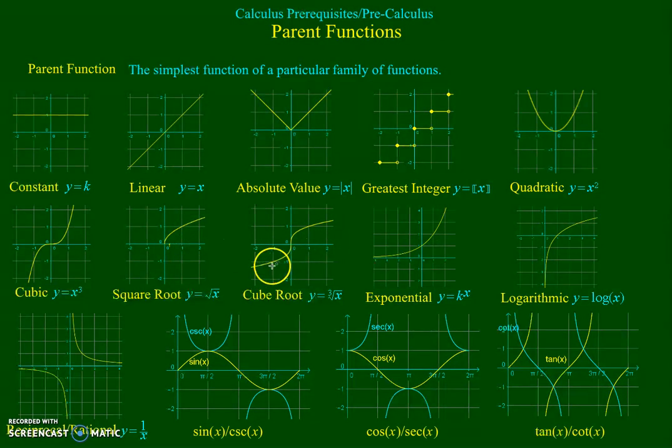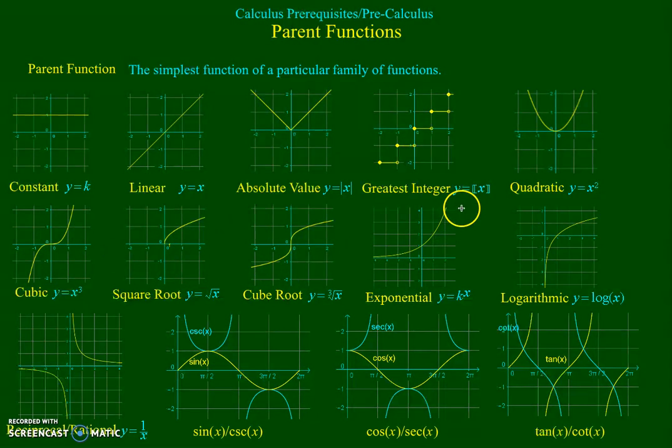Now, a lot of people get cube root confused with the cubic. Notice the difference: this cube root goes straight and then goes vertical at 0, 0, whereas this goes up and straight horizontal at 0, 0. So these are different, but they look kind of similar.